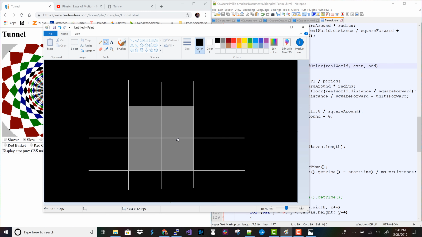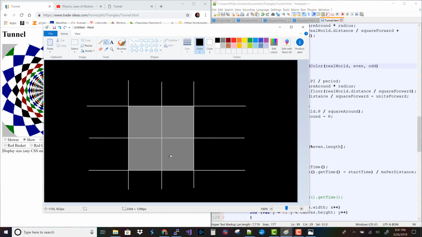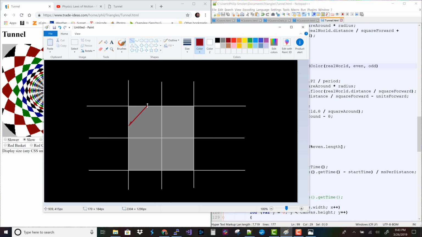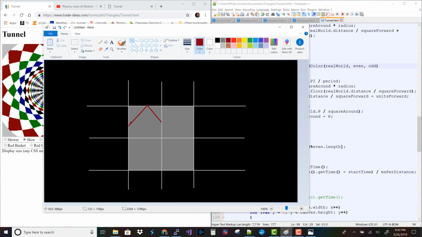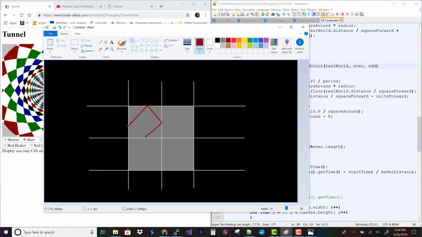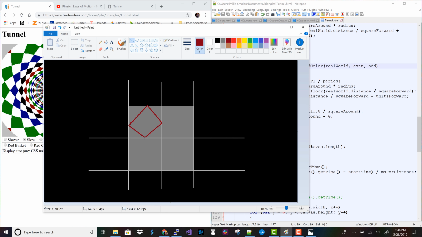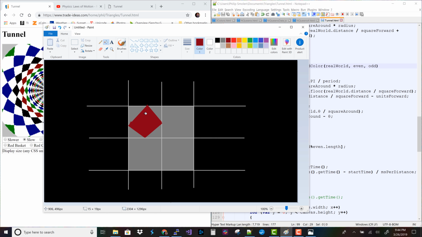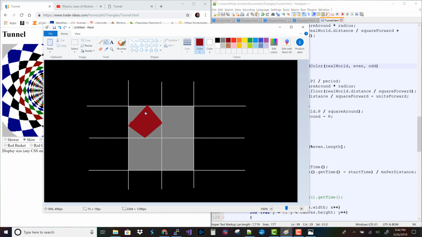Each one of these cells will have a red, green, blue, or black diamond in it. So let's build that real quick. And flood fill. I didn't do a great job there, but you get the basic idea.